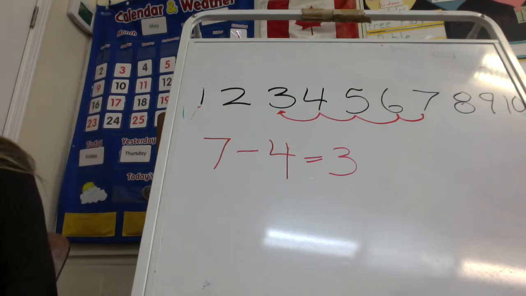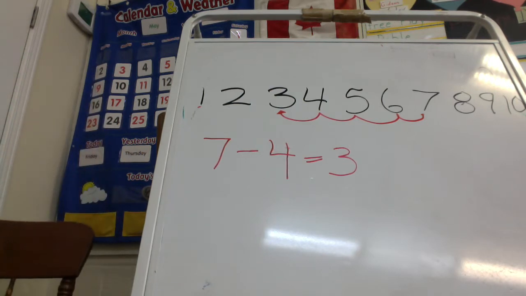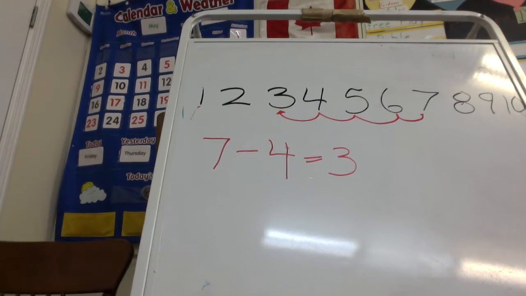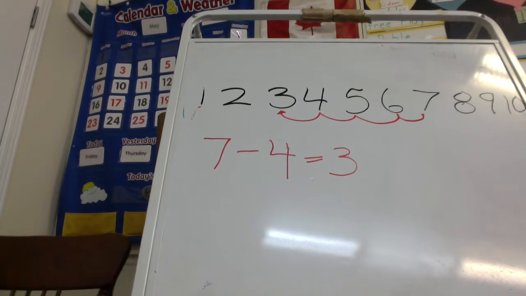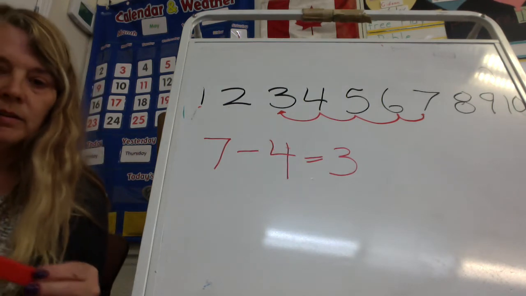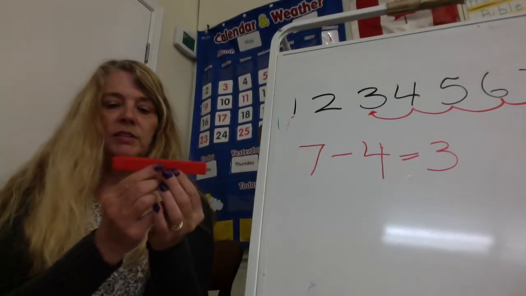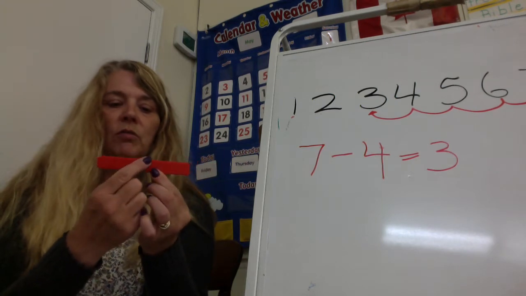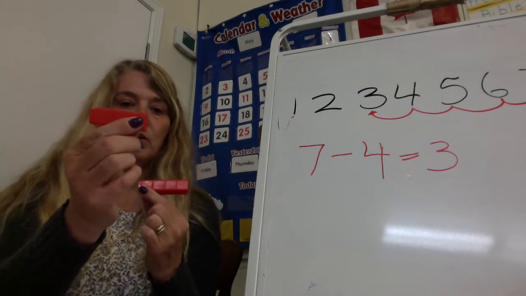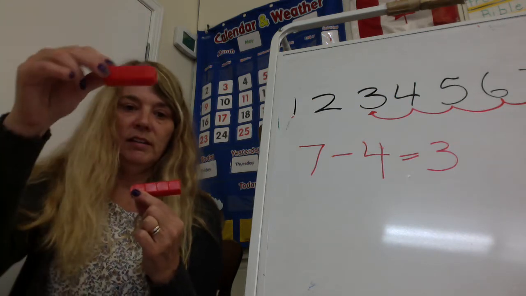Let's check that out with our blocks. I have 7 blocks. 1, 2, 3, 4, 5, 6, 7. Take away 3. 1, 2, 3.